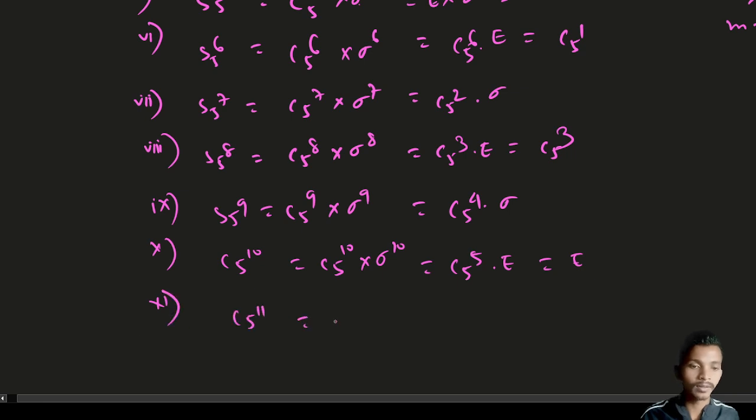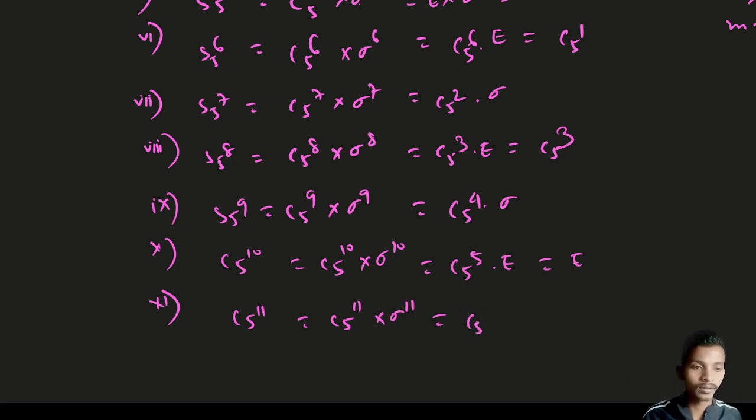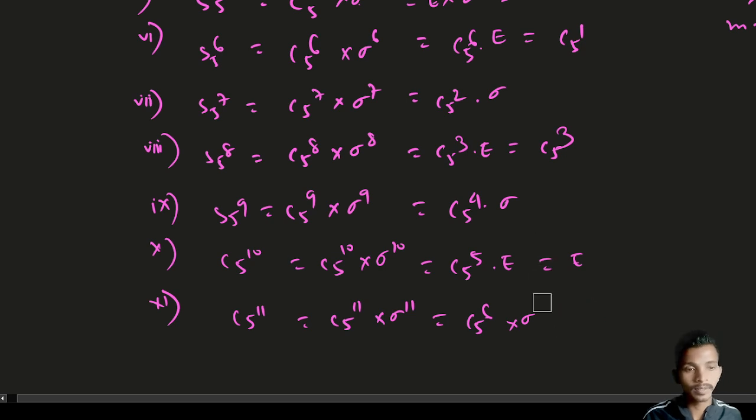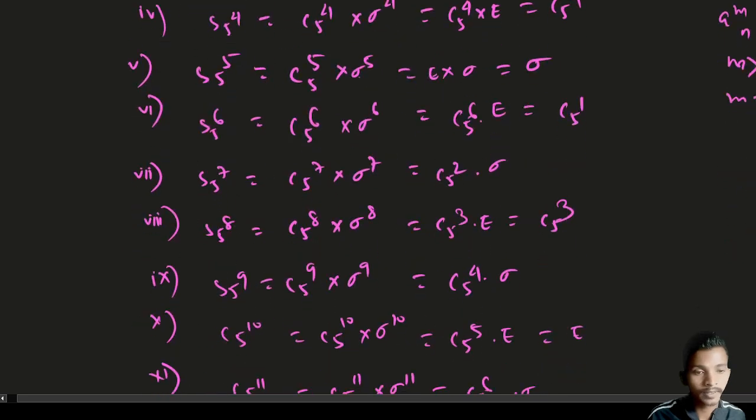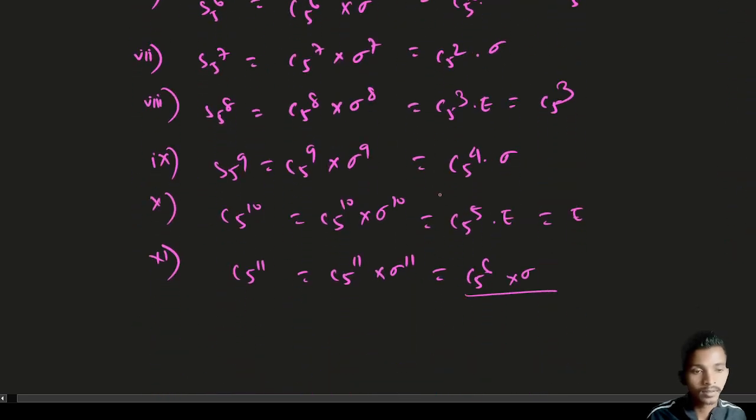C5^11 into σ^11, this is equal to how much? C5^6 into σ, so this value is repeated. Let's check whether the repetition has started or not. This is our value, has this value come? Okay, is this value there or not?